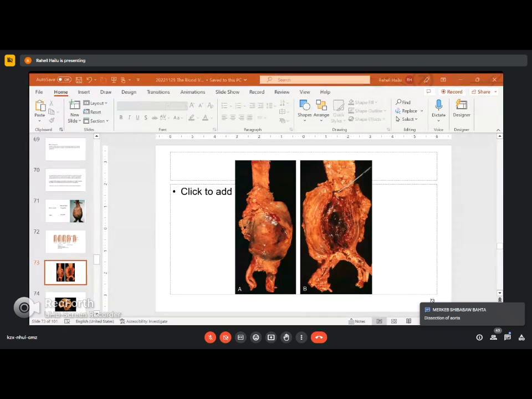It's a tear, but dissection is a form of a tear, and you cannot call this dissection. Why can't you call this dissection?